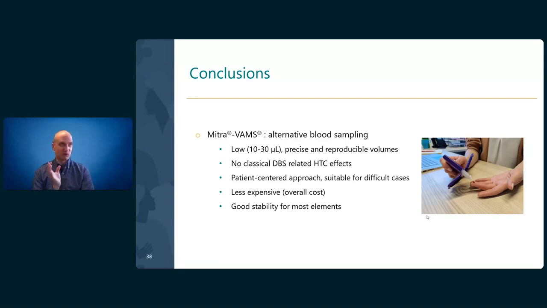So consider all the aspects, pre-analytical, analytical, and post-analytical, and not only the mitra-VAMS cost. And it shows a good stability at room temperature, as well as 37 degrees for most of the elements.